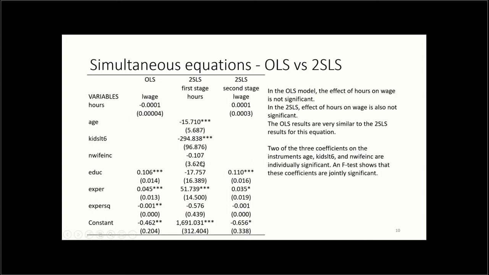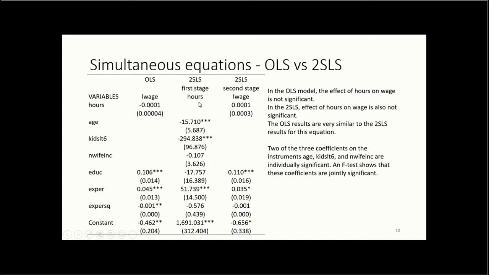We're noticing that 2 of the 3 coefficients are significantly different from 0. So this means that these are good instruments. If we do an F-test on all of these 3 coefficients, we're finding that these coefficients are jointly significant. So again, that's a good thing, that the instruments are related to the endogenous variable.